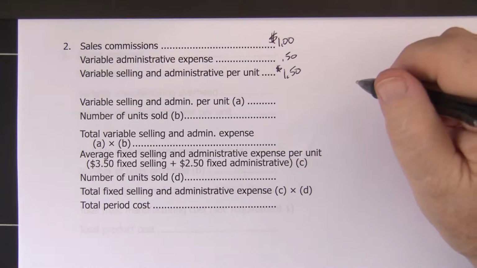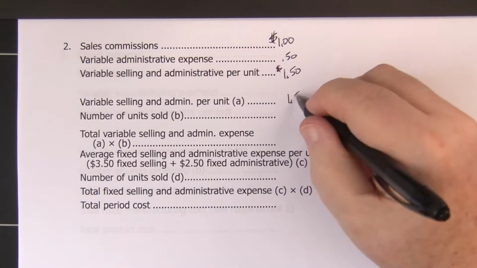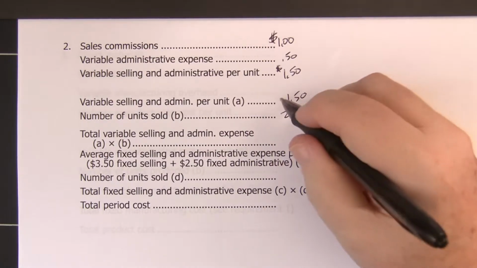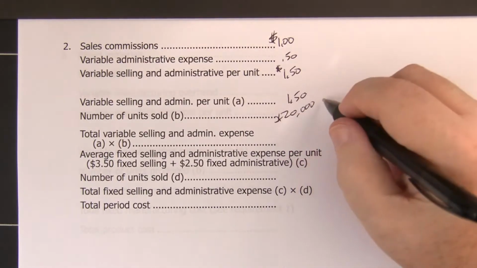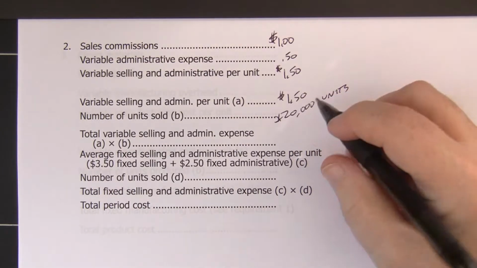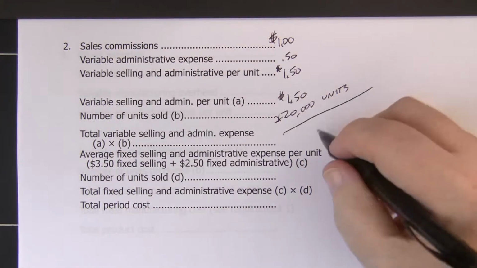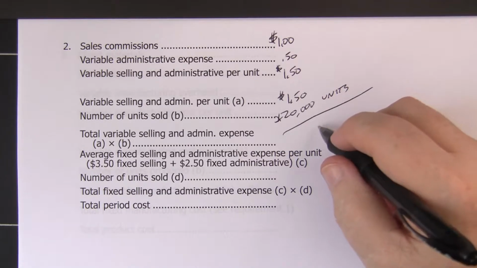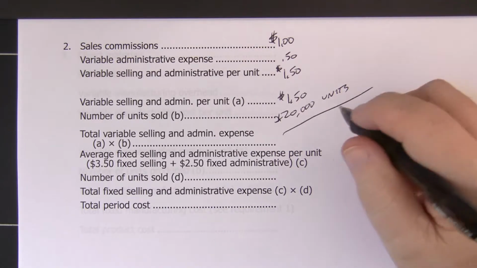These are period costs. So we sold 20,000 units at $1.50, $30,000.